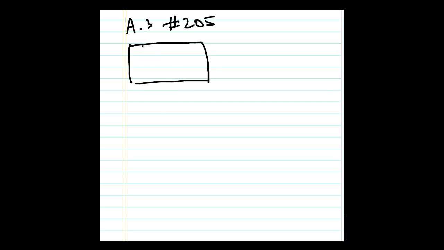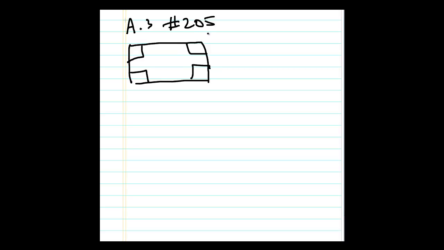Okay, this is number 205 on A3. Now, you've just watched the video to show how these things fold up. So essentially, we've got a rectangular piece of material. We're cutting squares out of the bottom like so, and we're folding it up.